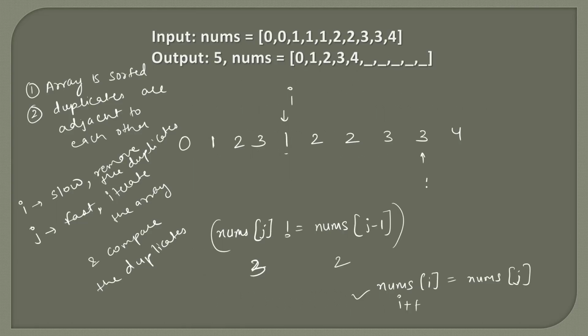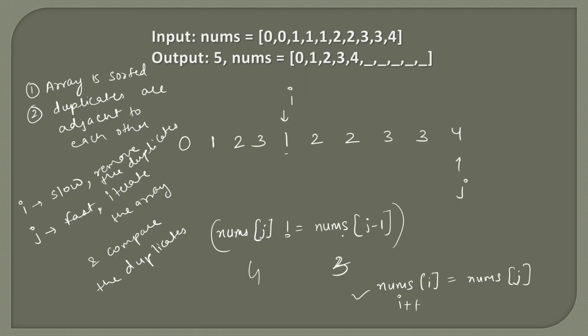And j moves here. Now the value at jth index is 3 and j minus 1th index is also 3, so this condition comes out to be false. We do nothing, we simply traverse j to the next index. j comes here. Now value at jth index is 4 and value at j minus 1th index is 3.